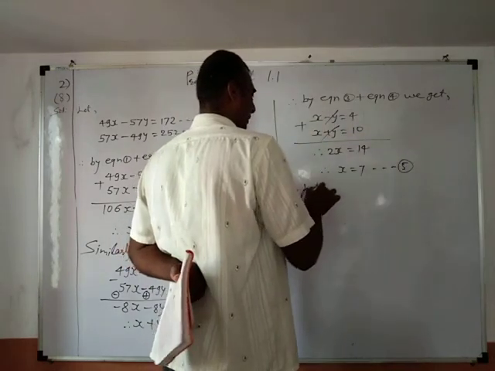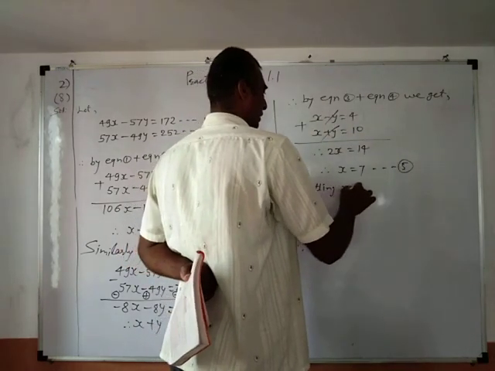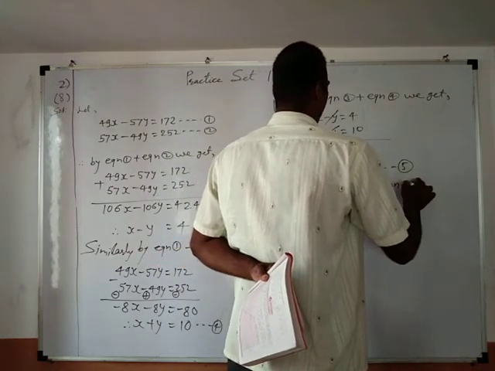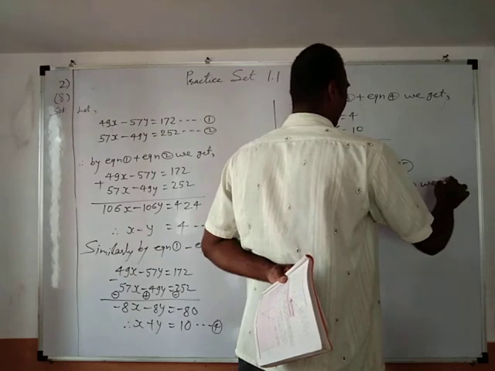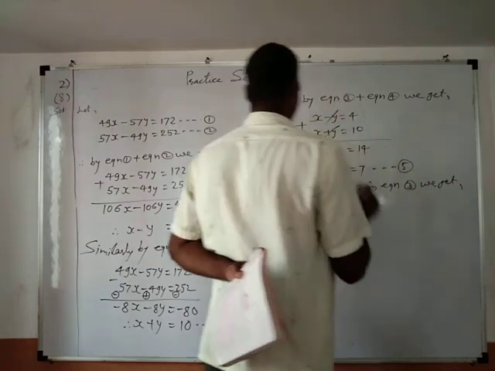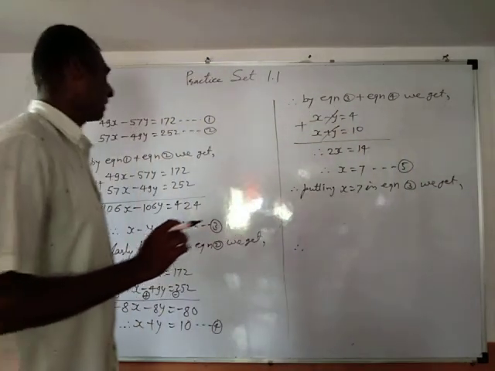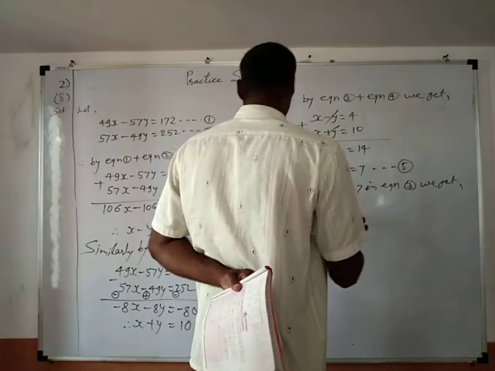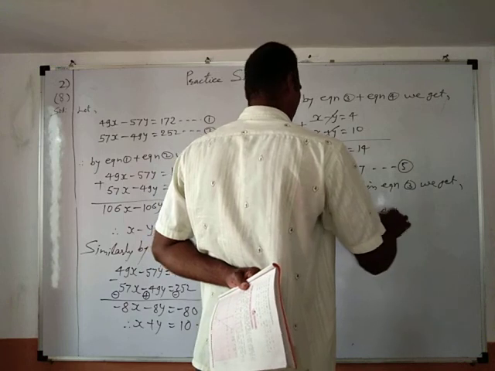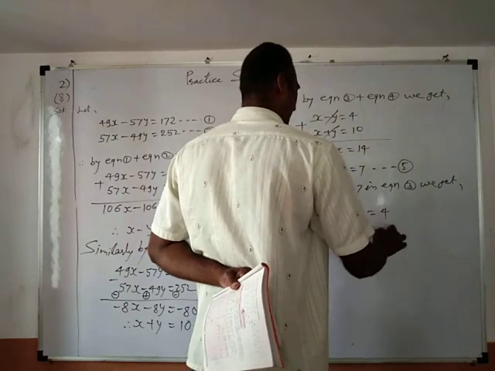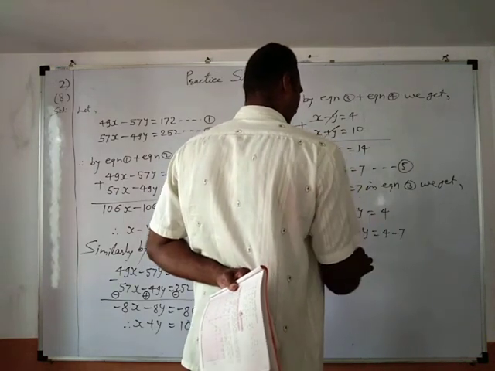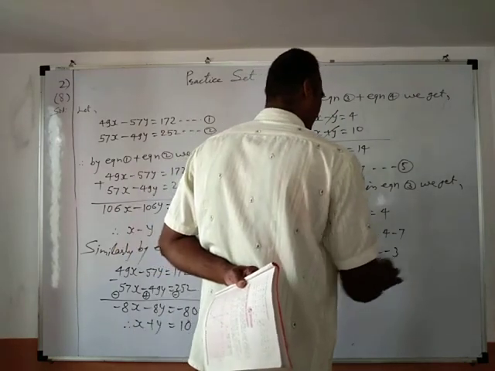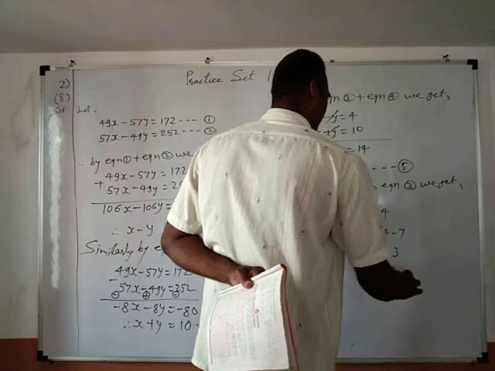Therefore, putting x equal to 7 in equation 3, let us see what we get. Equation 3 is x minus y equal to 4, therefore it will become 7 minus y equal to 4, and therefore minus y equal to 4 minus 7, and therefore minus y equals minus 3, and therefore y is 3.